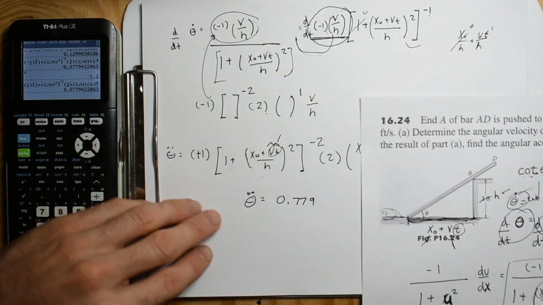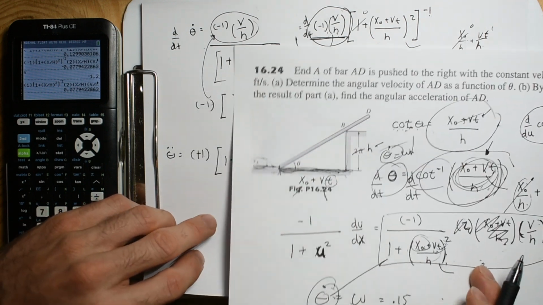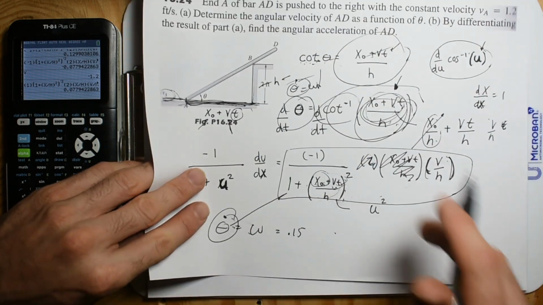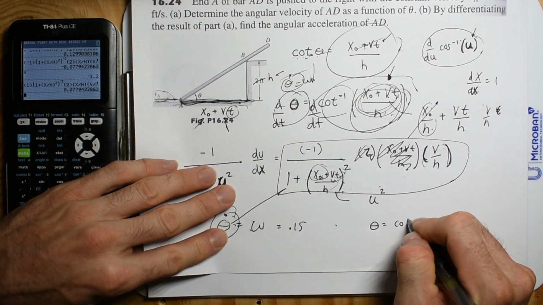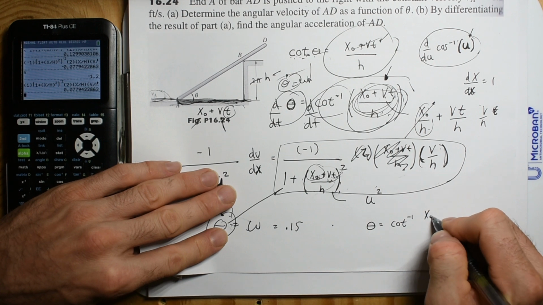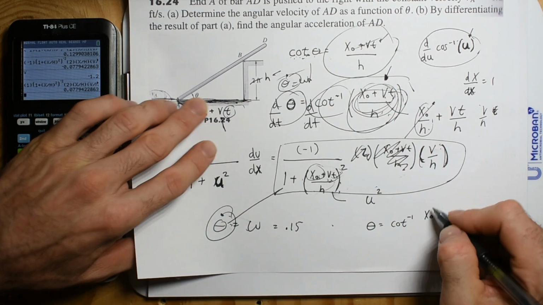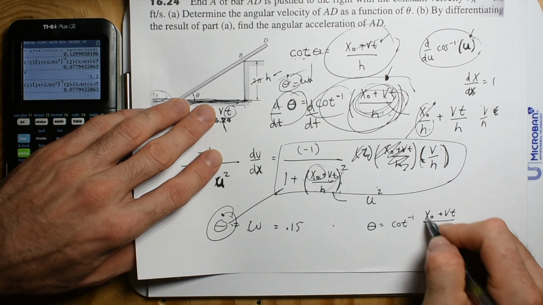And then the other thing that I'm not going to do with this video is if you have the original equation for angle, it was arc cotangent, inverse cotangent of that initial dimension there plus velocity times t divided by h.